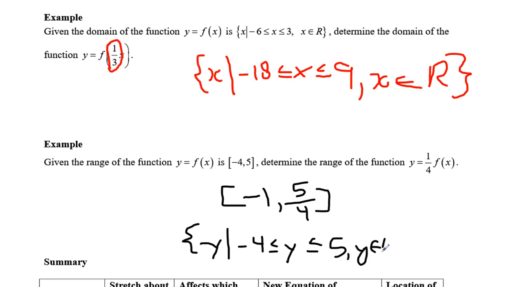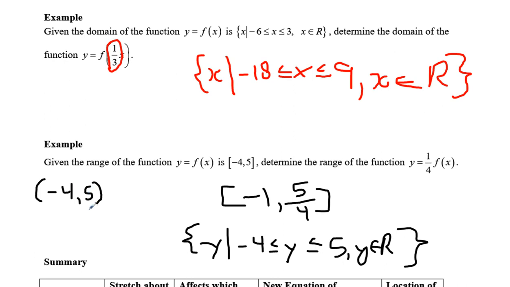There she is. So, if you were wondering what those hard brackets are, there's your set notation, where we're familiar with -4 to 5 with the equal to. If it's hard, it means equal to. If it was a round bracket, like if you saw this, round bracket -4 to 5, what that's saying is your range is from -4 to 5, but not including, not equal to -4, not equal to 5.